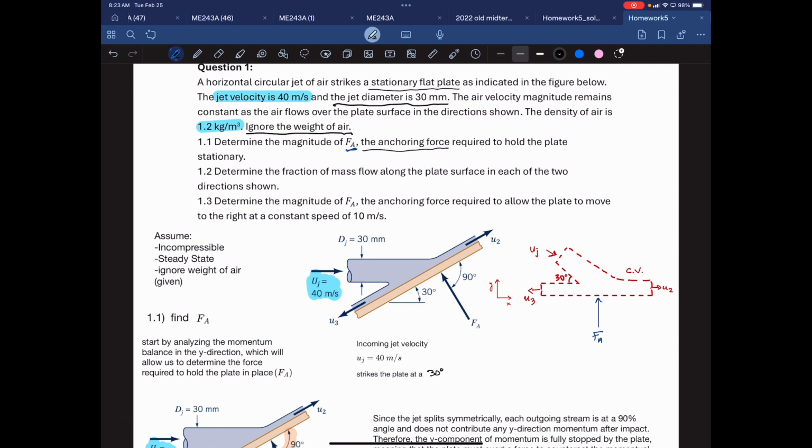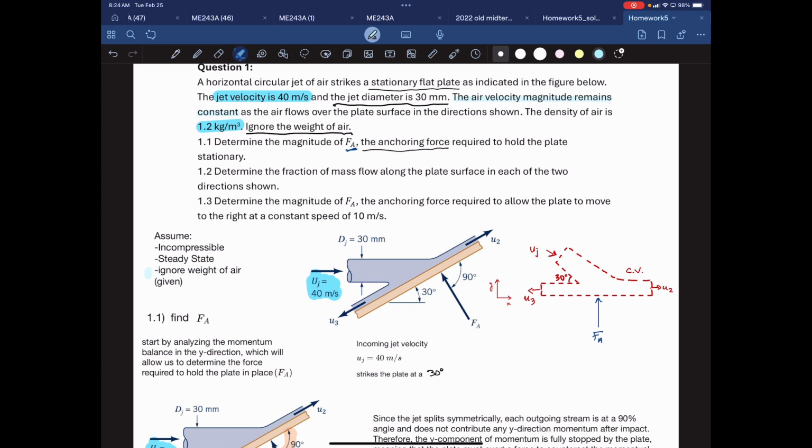The jet diameter is 30 millimeters, and the air velocity magnitude remains constant, which is important to note, as the air flows over the plate surface in the direction shown. The density of air is 1.2 kilograms per meter cubed, and we can ignore the weight of the air. I added that to our assumptions.